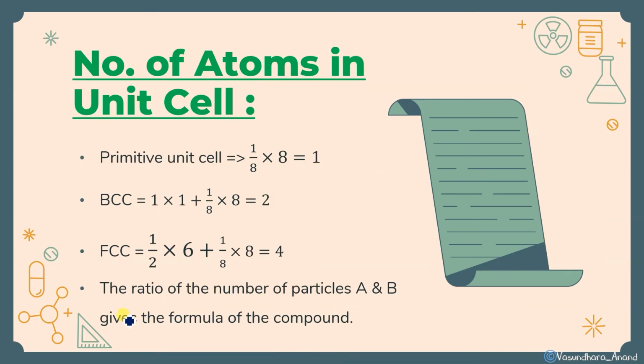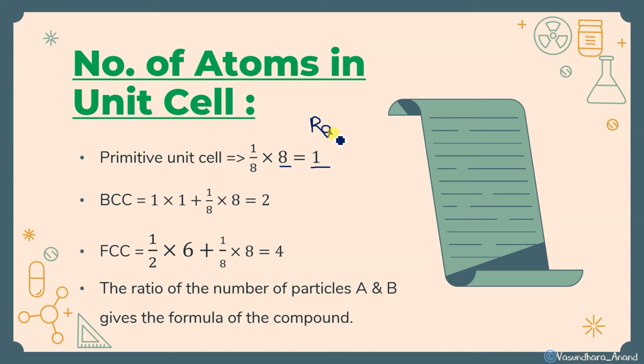Okay. So now how many atoms will be there in each type of unit cell? Let me talk about this. Primitive unit cell: only at the corner particles are there. Total how many corners are there? 8. And what is the contribution of each corner particle? 1 by 8. So in the primitive unit cell, the number of atoms will be 1. And this is also called rank.